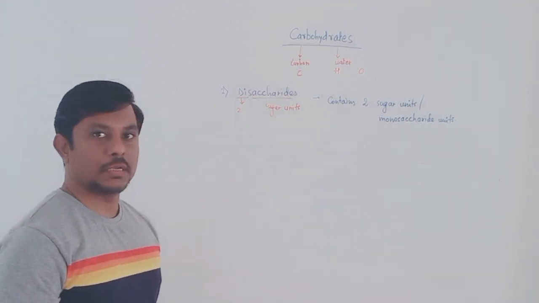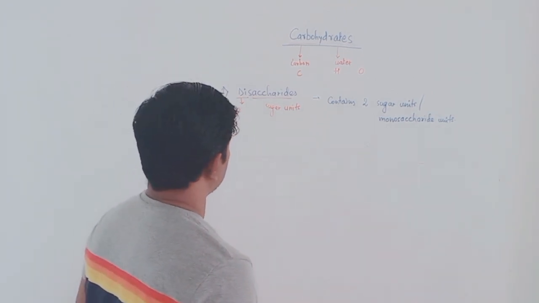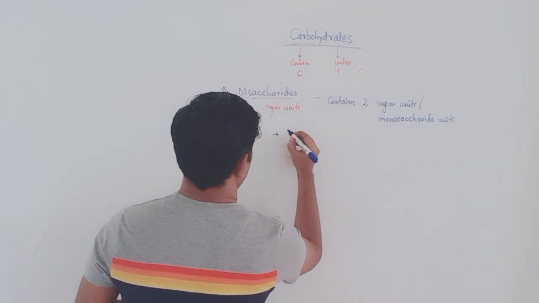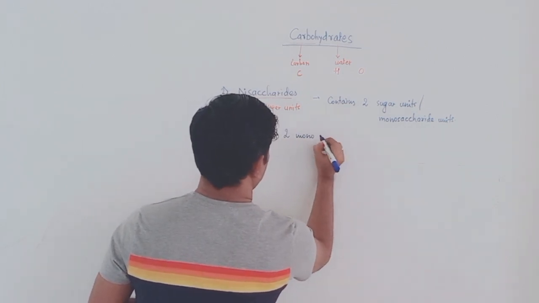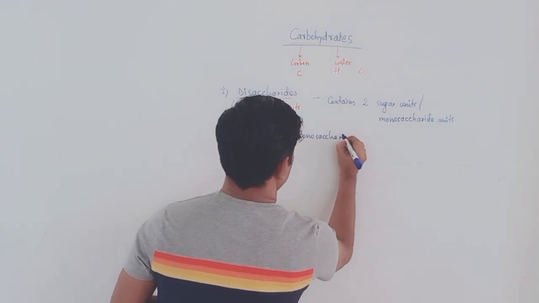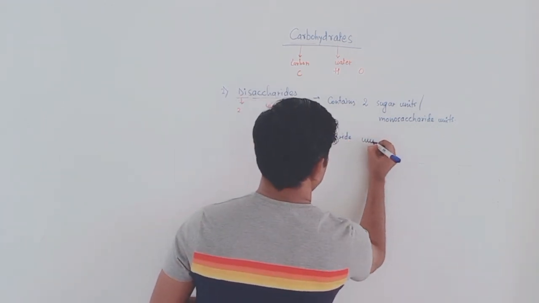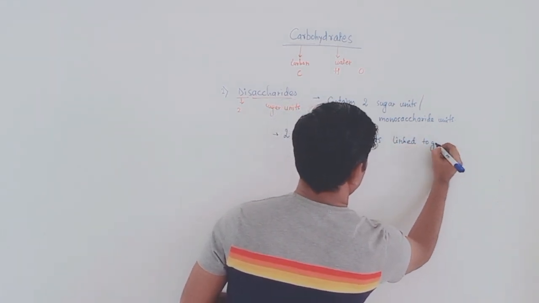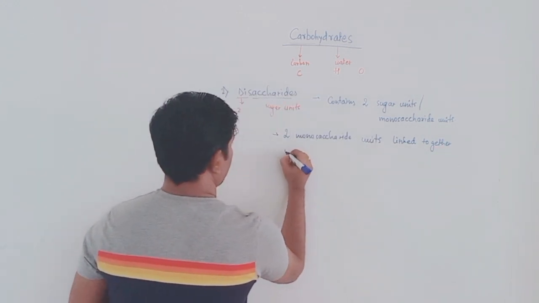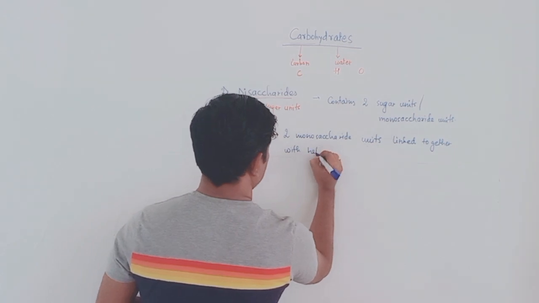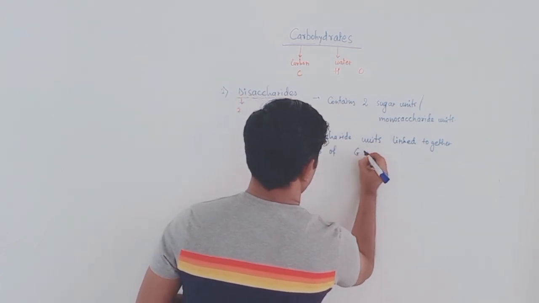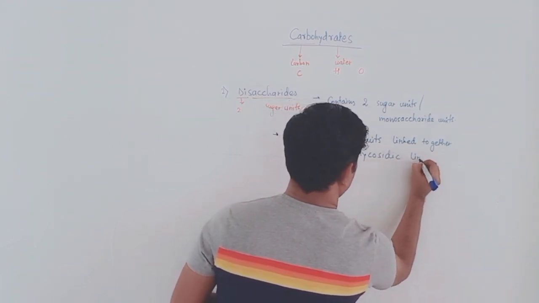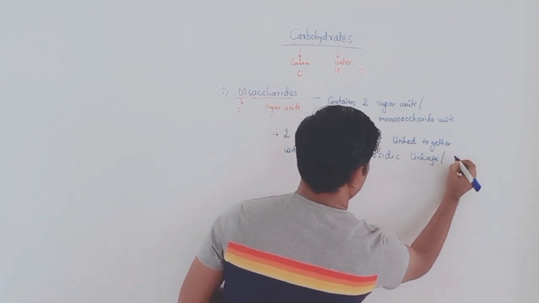So how are the disaccharides getting formed? So disaccharides are formed by two monosaccharide units linked together with the help of a glycosidic bond, glycosidic linkage you can say, or glycosidic bond.